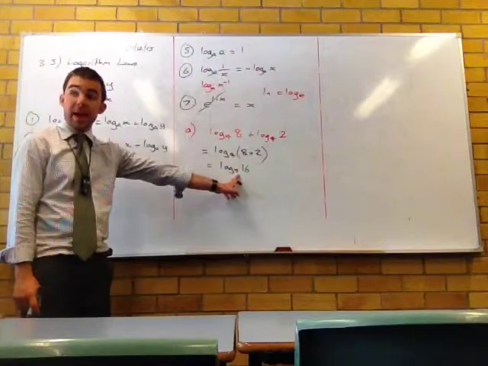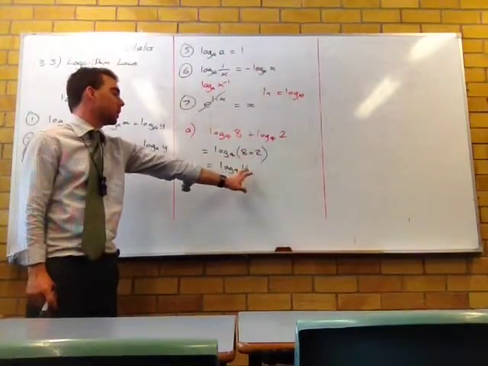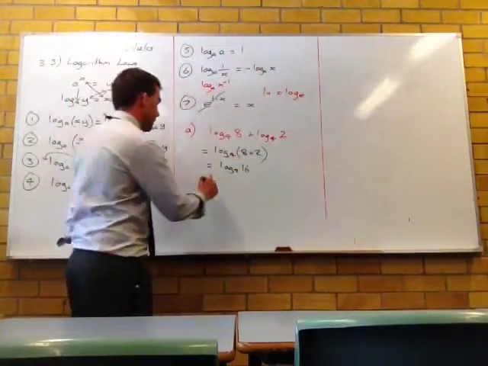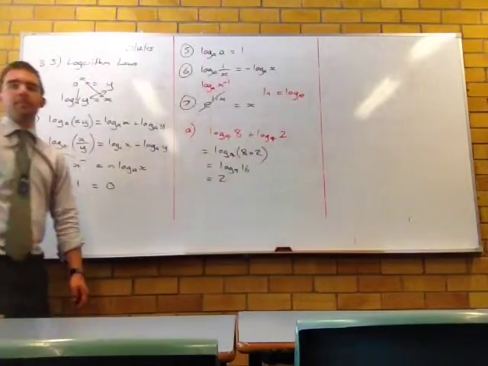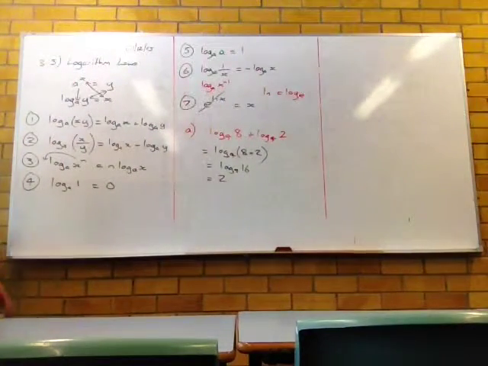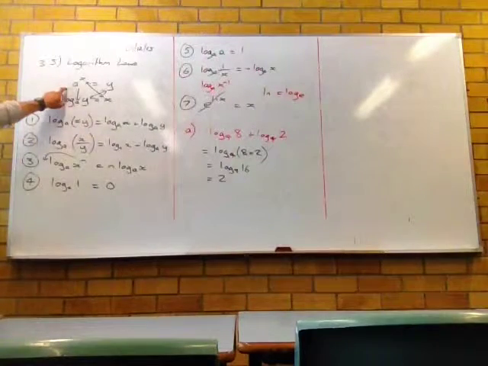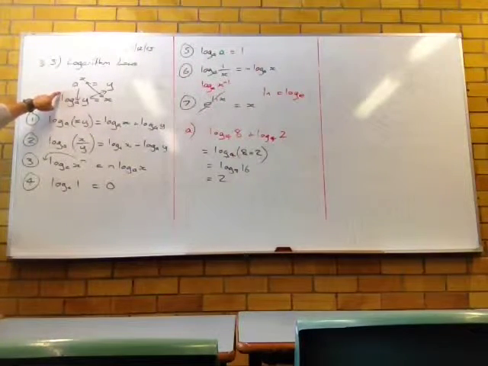So 4, the base, to the power of what equals 16? 2. The log base 4 of 8 plus log base 4 of 2 is 2. Alright, and that's really applying this first understanding of the definition of a log.